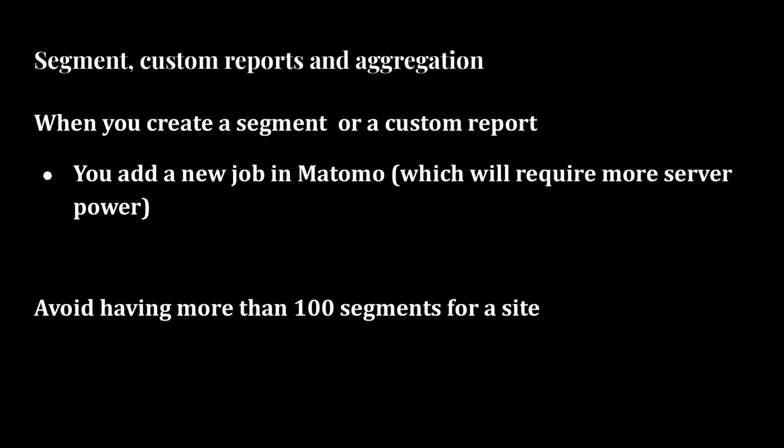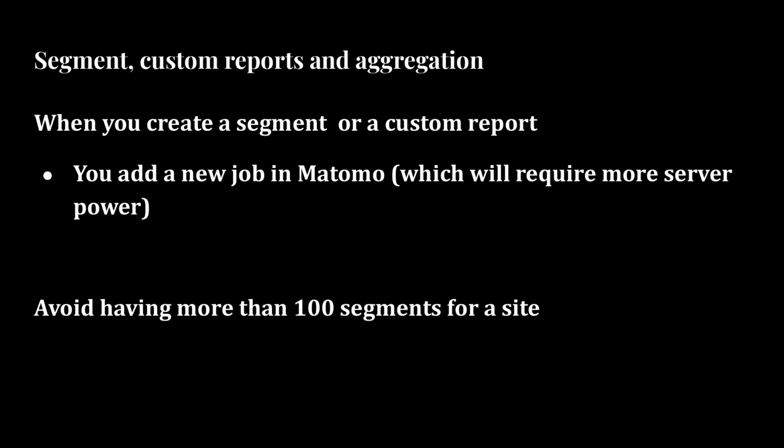So every time you create a new segment or a custom report, you actually add a new job for Matomo to perform. I've seen recommendations in the community, and we try to have these recommendations as well, to not set up more than 100 segments for a site. And 100 segments, to be honest, can be quite a lot for your server to maintain as well.